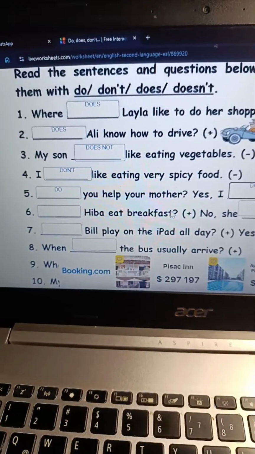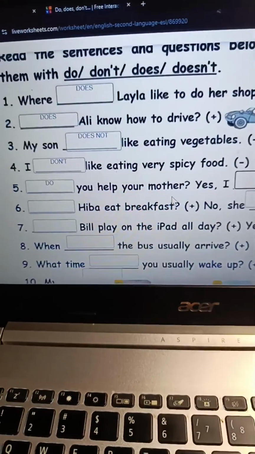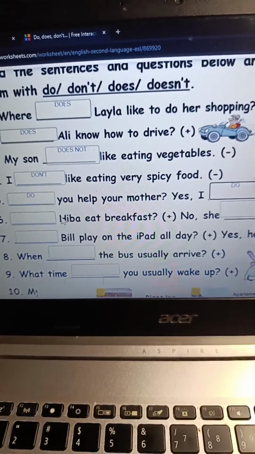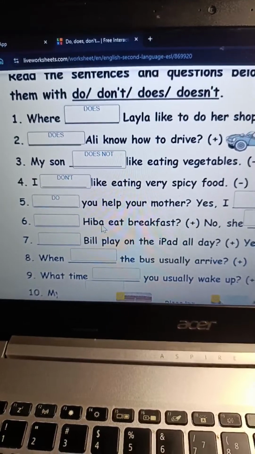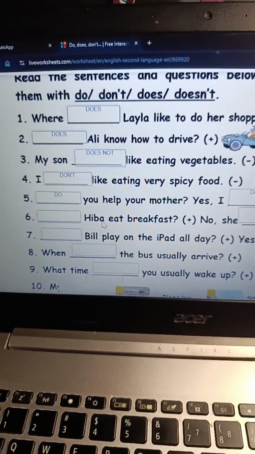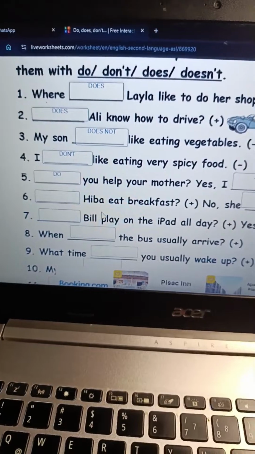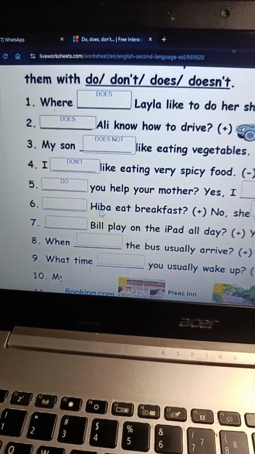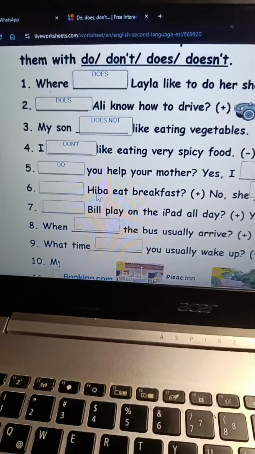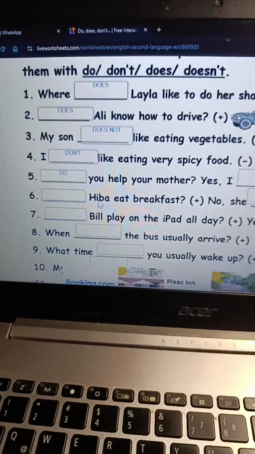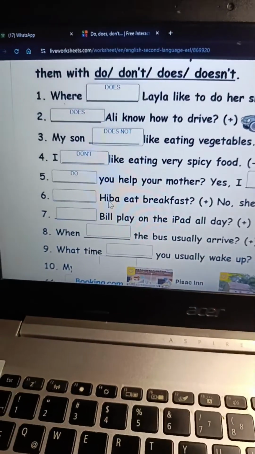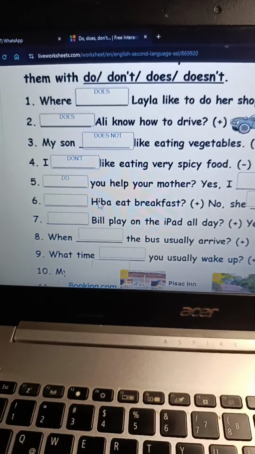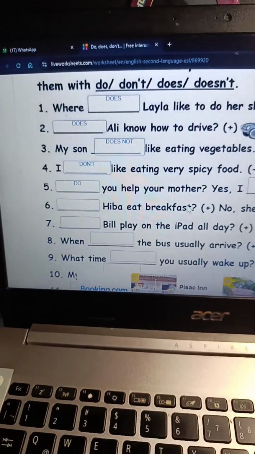Number 6 is another question. It says, well, I don't know the pronunciation for this name. Let's say Hiva. Okay, so let's suppose that this is the name of a girl. So this is she. So she eat breakfast.